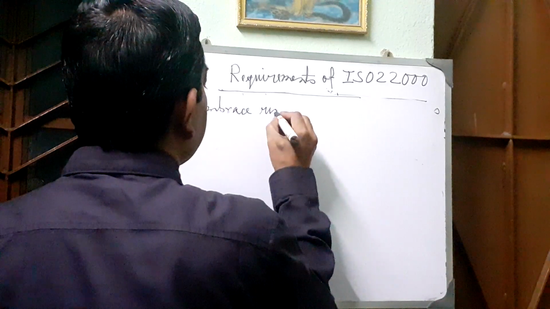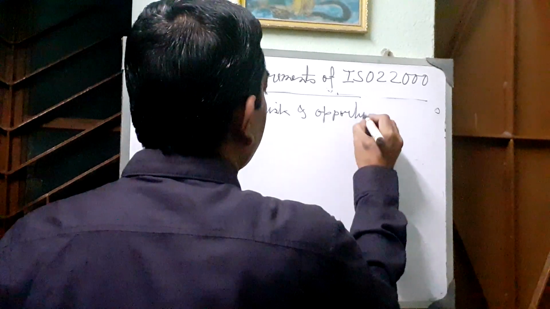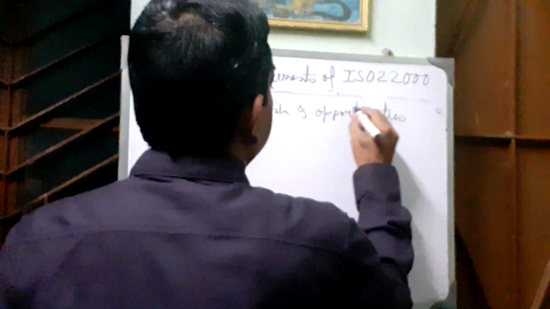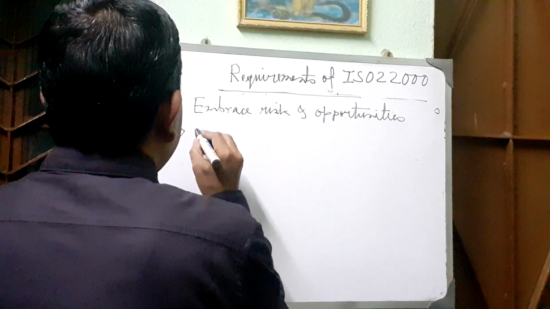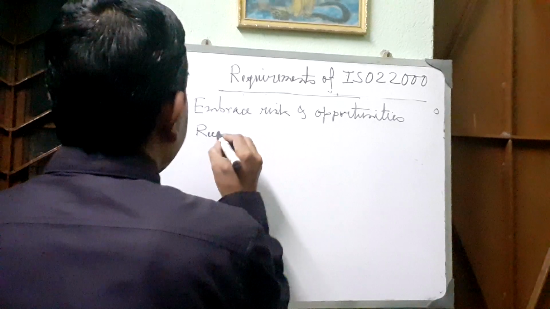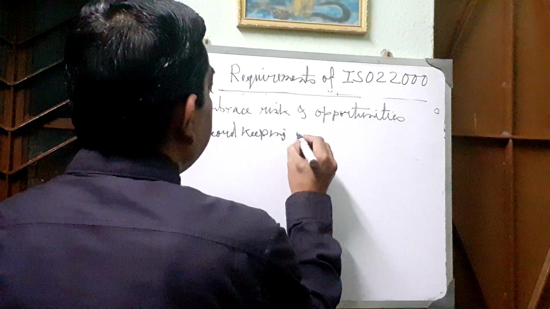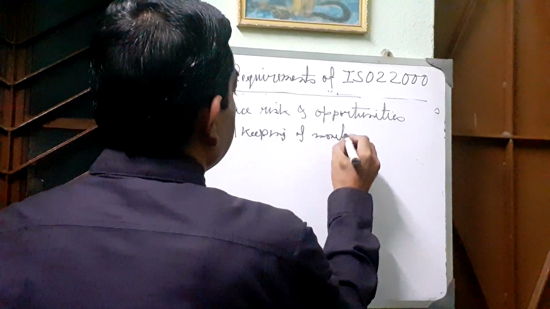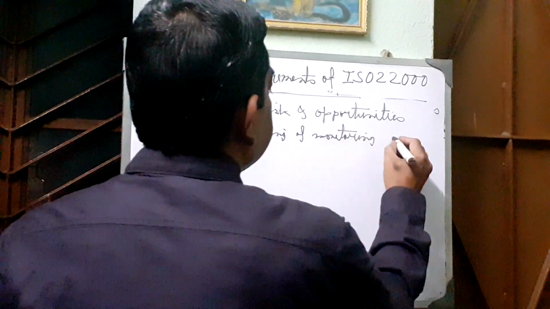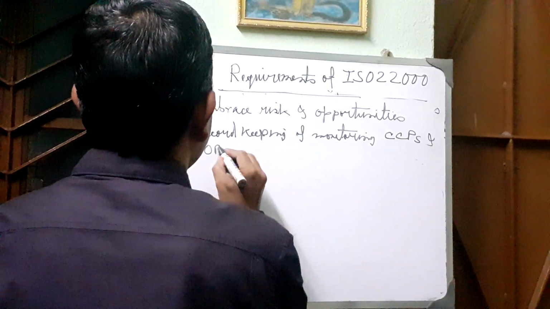The 12th one is monitoring and record keeping of monitoring CCPs and OPRPs.